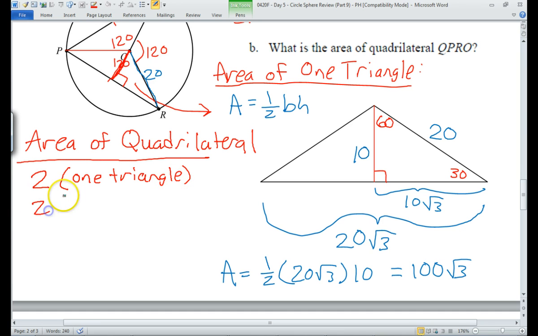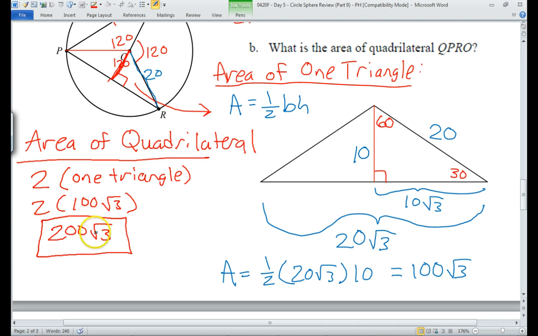So that's going to be double the 100 radical 3, so that's going to be 200 radical 3. So that is the area of the quadrilateral. Of course, we could get a decimal now if we needed to.